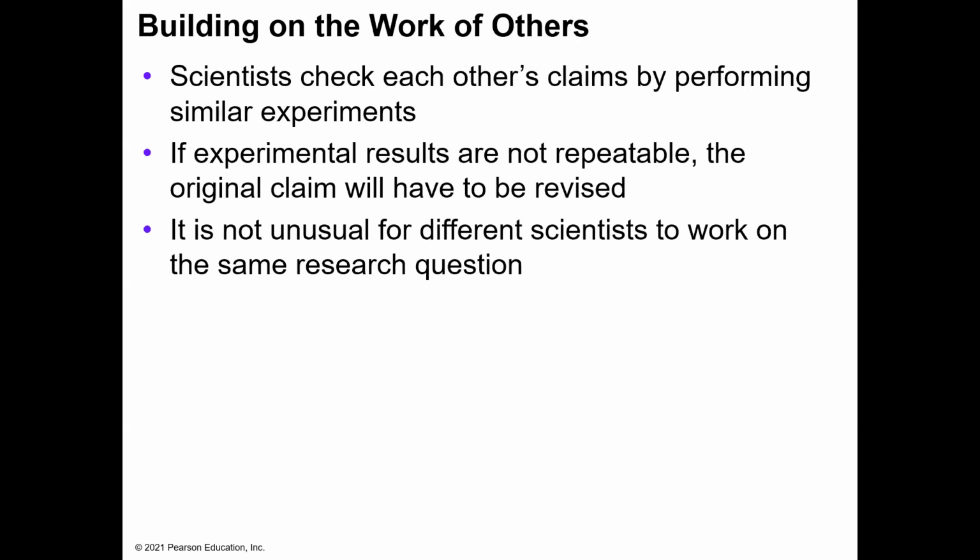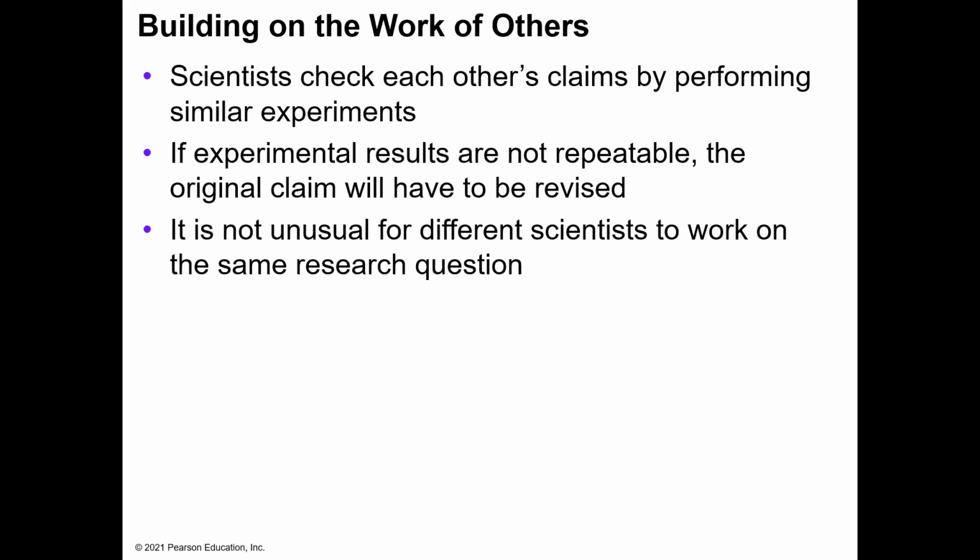And so, because of that peer review process, scientists can check each other's claims. Just like with any scientific method, it must be repeatable. So if you claim that this new drug is going to be able to cure cancer, it must be repeatable. You must be able to test to see if that person is correct.